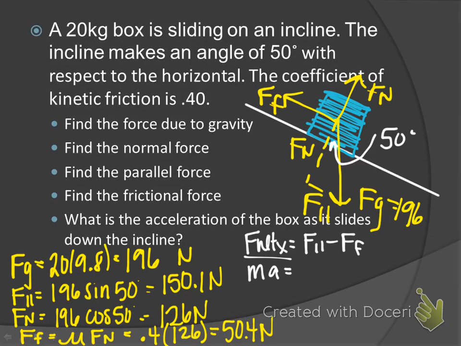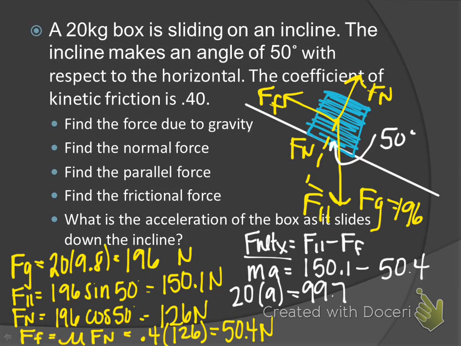Force parallel we solved to equal 150.1. Frictional force we solved to be 50.4. Our mass is 20. So the acceleration is 4.99 meters per second squared, or 5 meters per second squared.